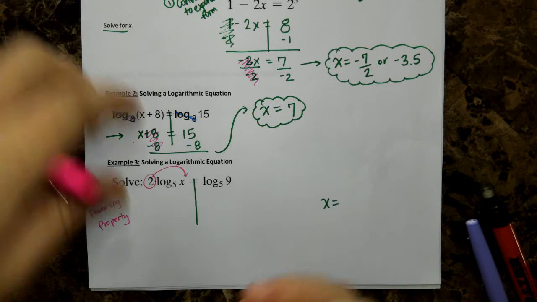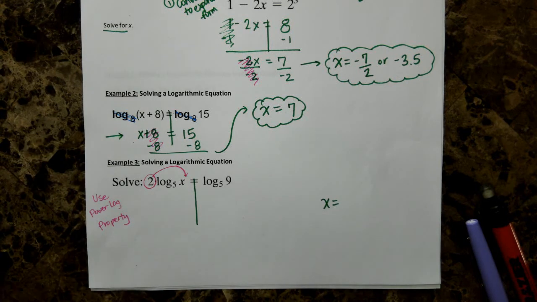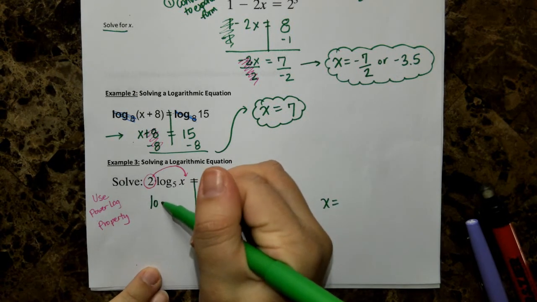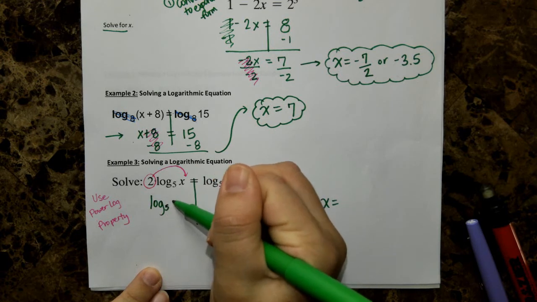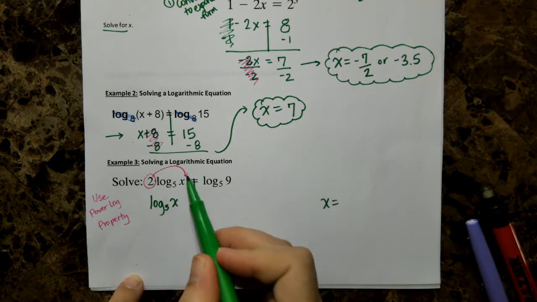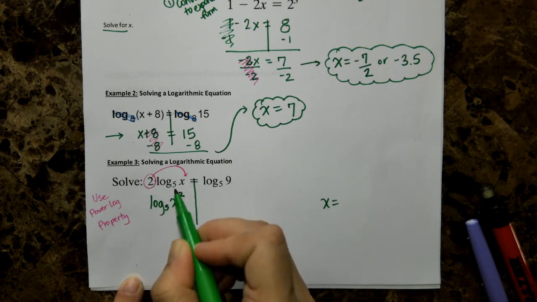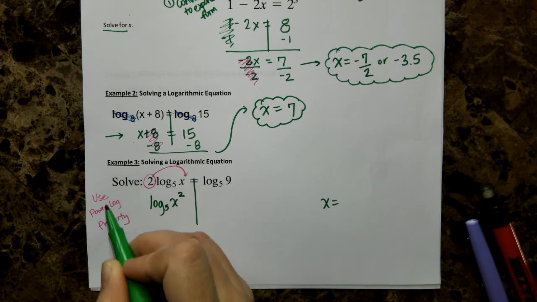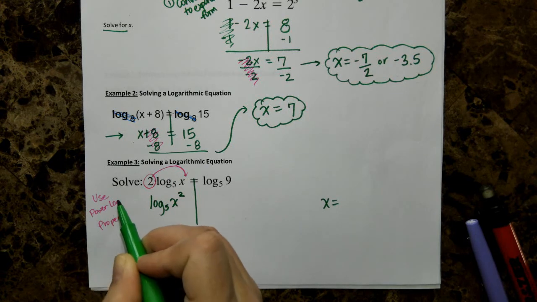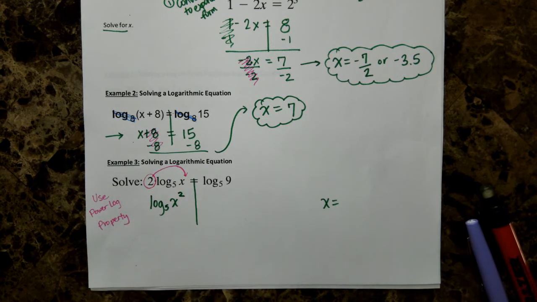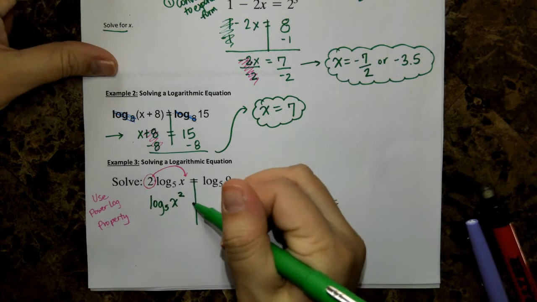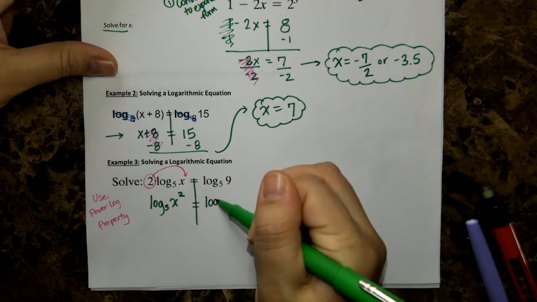And what I'm going to rewrite it as is now just log base 5 of x, and this 2 is going to become the exponent. Now, why did I do that? Because I want to get rid of this 2. I want to move it into the logarithm. And I was able to do that using the power of logs property that we covered last chapter. Okay. Now, on the right-hand side, I haven't done anything, so I'm just going to rewrite it as is.